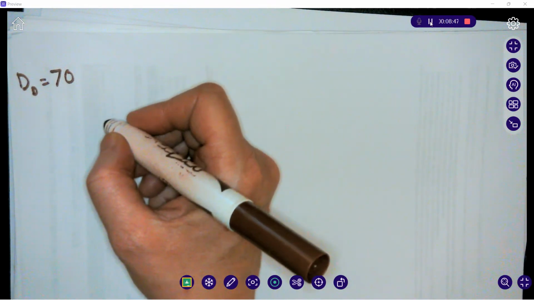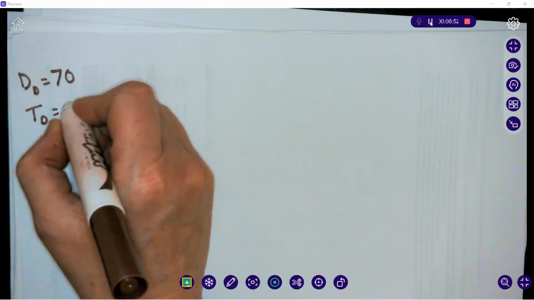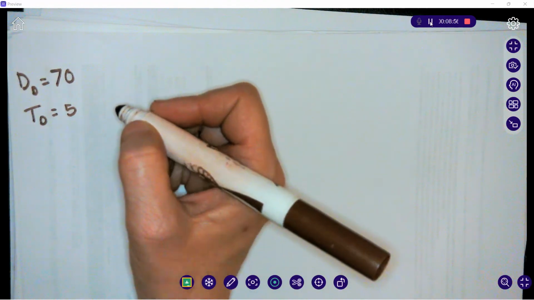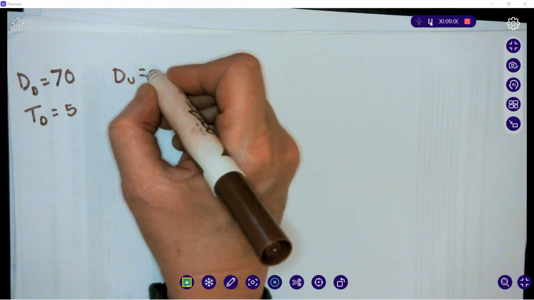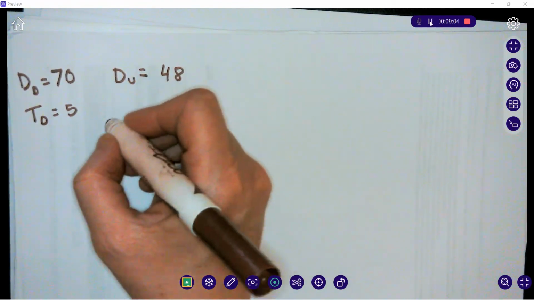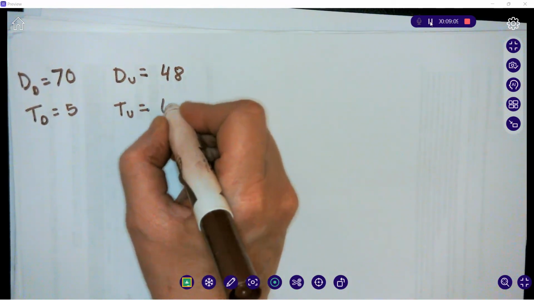And in 5 hours, so the downstream time equals 5. But it required 6 hours to go 48 miles upstream. So the distance upstream equals 48, and the time required to go upstream equals 6.